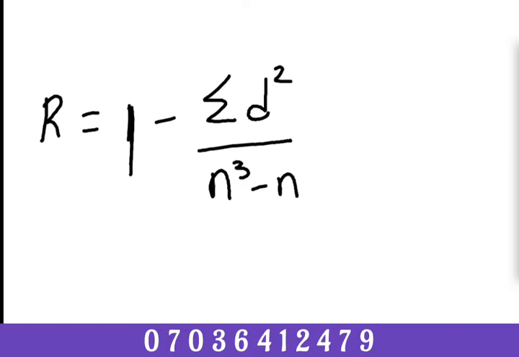Now, this formula should be used when there is no repetition of ranks, or when the repetition of ranks is not more than 2. Hope that is clear. Now you wonder, what are ranks?